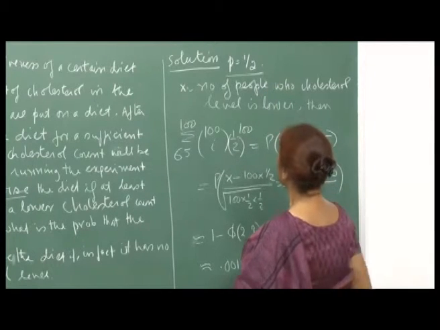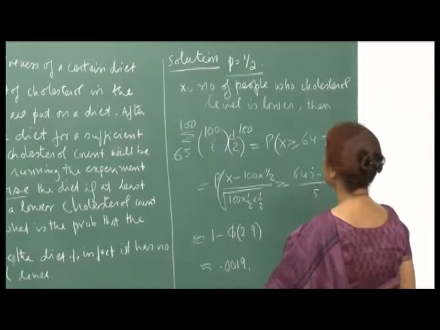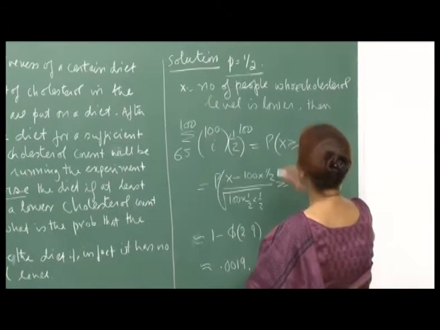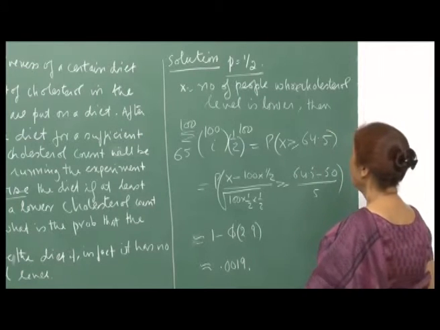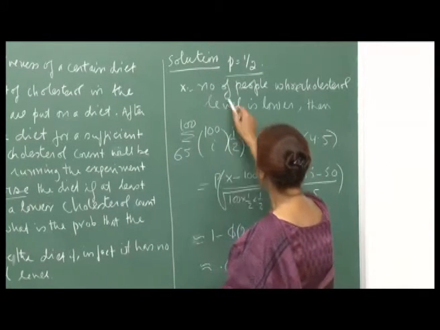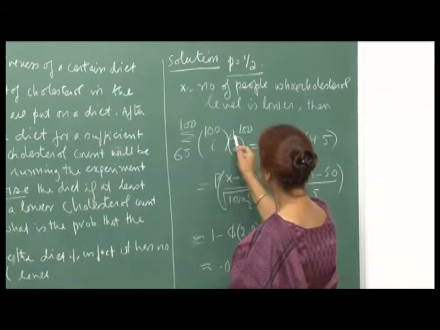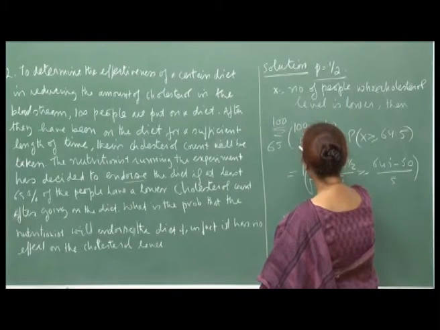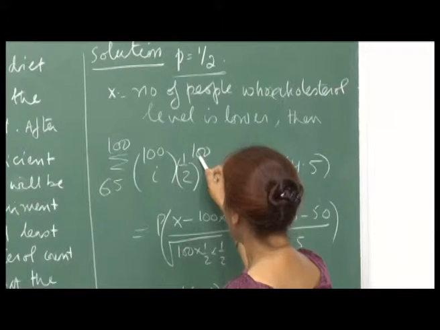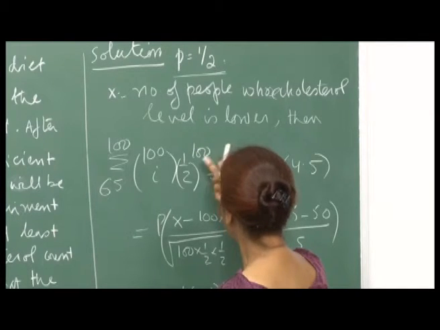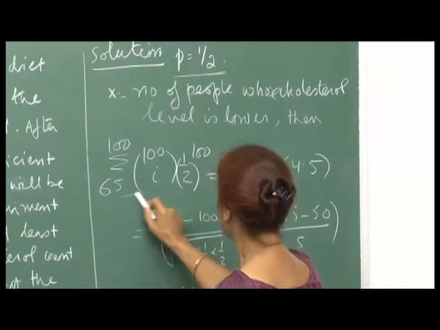So, we will take p to be half, and x is the number of people whose cholesterol level is lower. Then what we are looking for, since this is a binomial random variable, is the probability sigma r from 65 to 100, 100 C r times half raised to 100, because r and n minus r will add up to n since p is half.